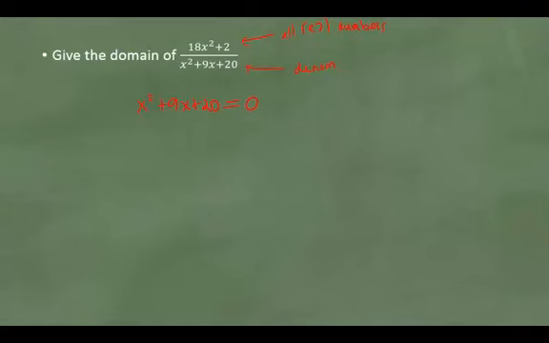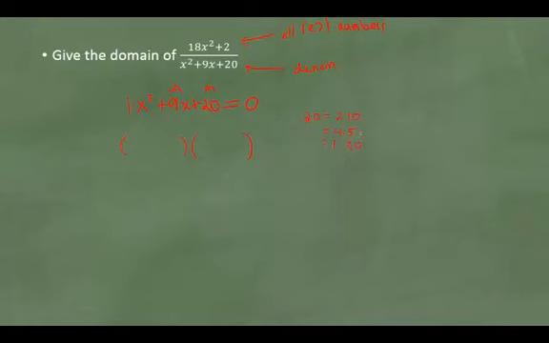Remember, this is a trinomial where the leading coefficient is 1. There's an understood 1 there. So all we have to do is find two numbers that multiply to be 20 and add to be 9. What two numbers multiply to be 20 and add to be 9? Well, let's think about it. 20, there's lots of ways you could do 20. 2 times 10, 4 times 5, right? 1 times 20.